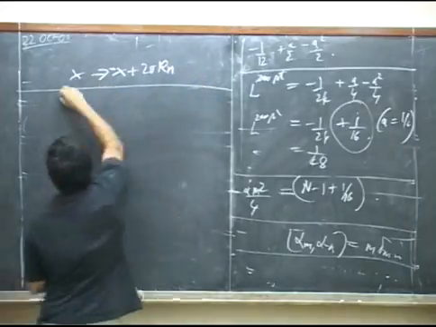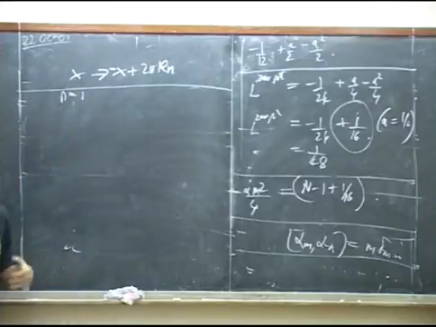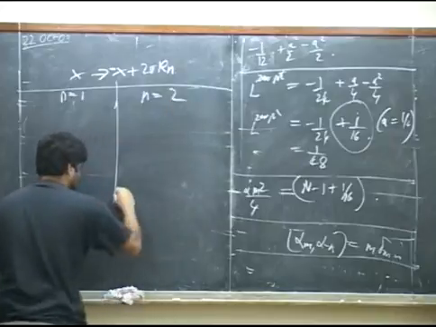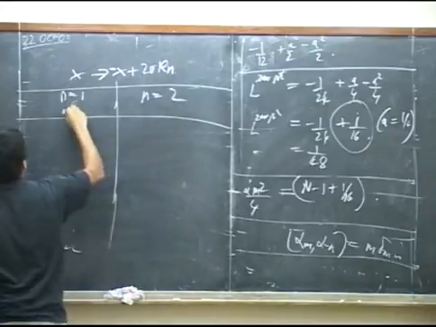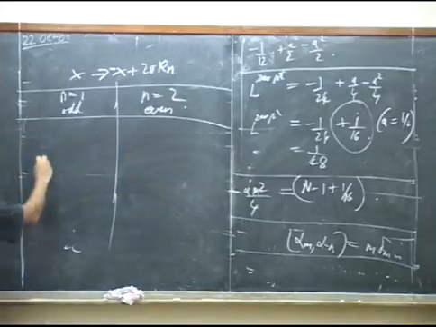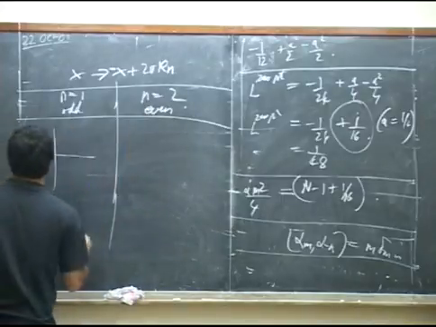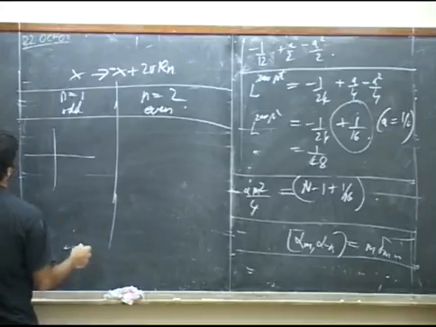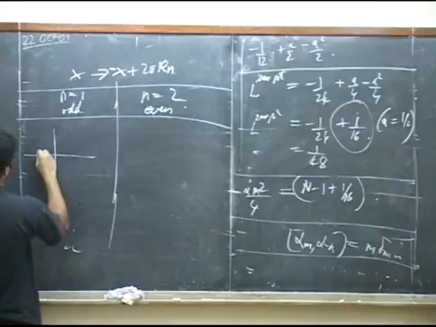So let's take n equals 1 as an example of n odd, and n equals 2 as an example of n even. Okay, so let's say that we've got some value of x.